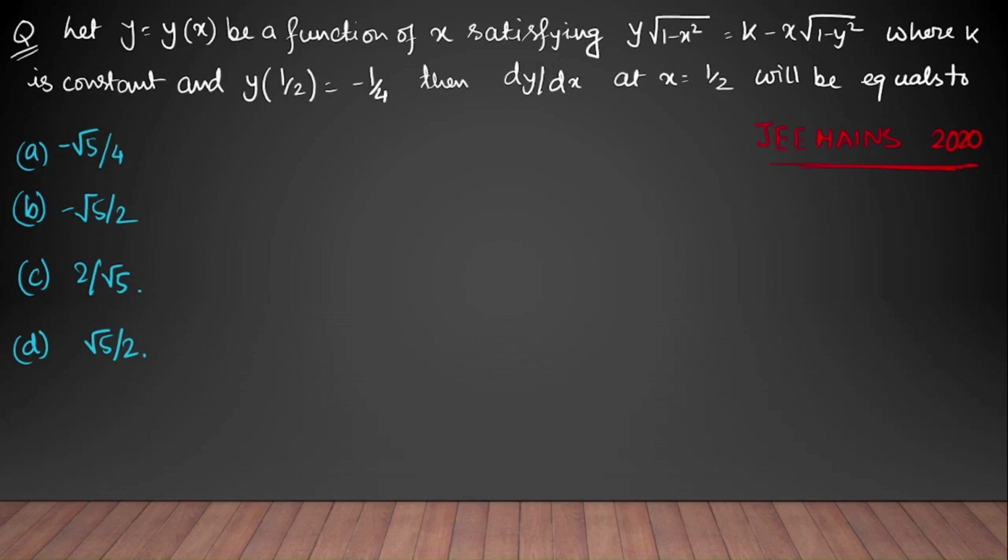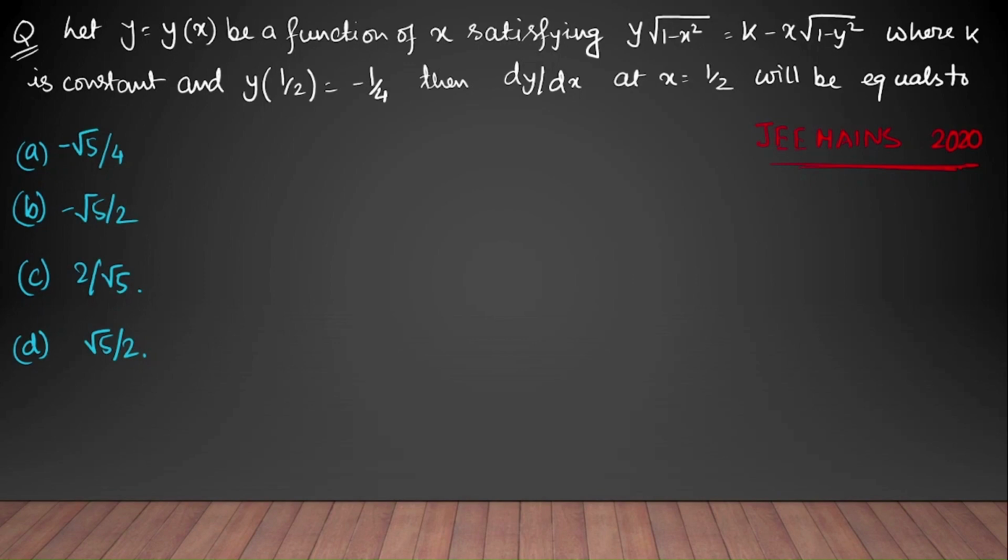Let y equals y(x) be a function of x satisfying y root under 1 minus x square equals k minus x root under 1 minus y square, where k is a constant and y(1/2) equals 1/4. Then dy/dx at the point x equals 1/2 will be equal to.